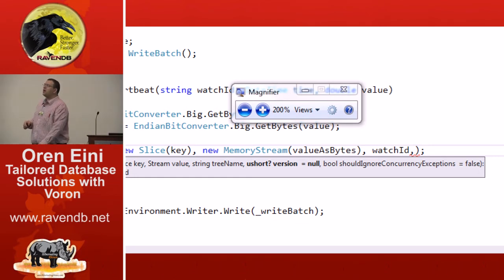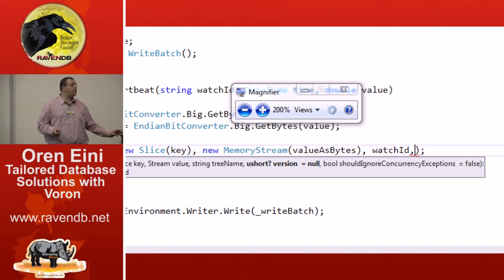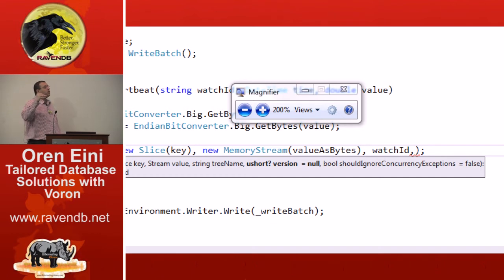And we can say, okay, I only want to update this value if it matches the version that I have. And this says, if it doesn't match, just skip this value. It's not an error if it's already there. By default, it would throw a concurrency exception and abort this transaction. So that's why I said that it's not as consistent as a write transaction, because you may have multiple writers working at the same time, and you have to take that into account.